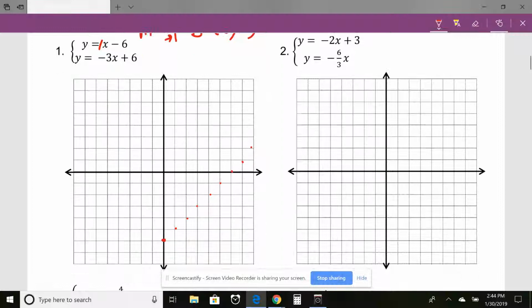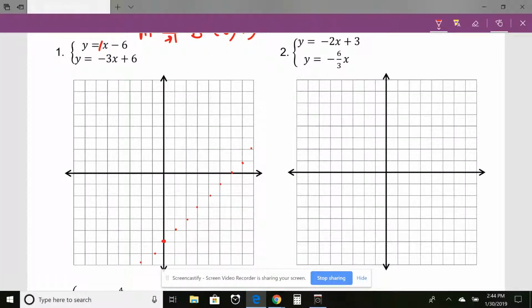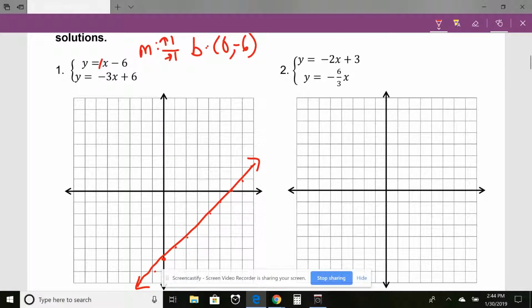And again, it's important to go in the other direction as well. Now the other line, it's in our slope-intercept form. Our slope is negative 3, so you go down 3 over 1.